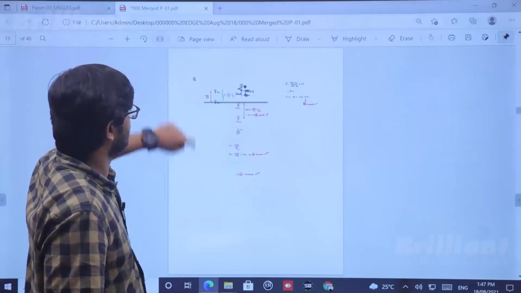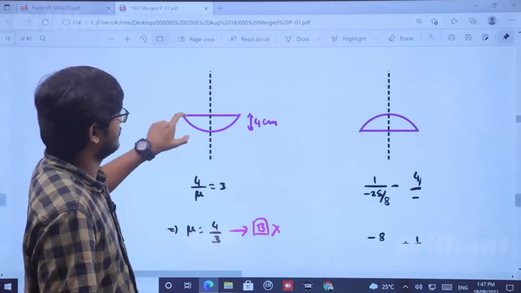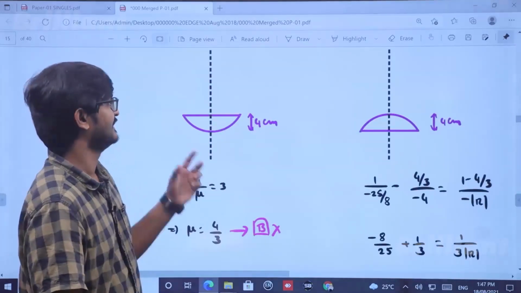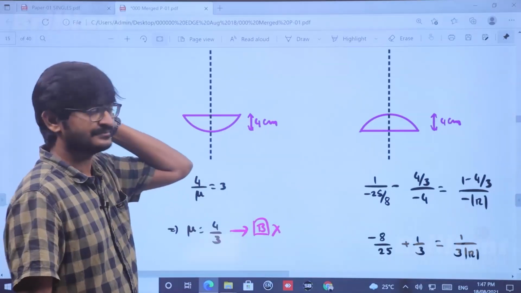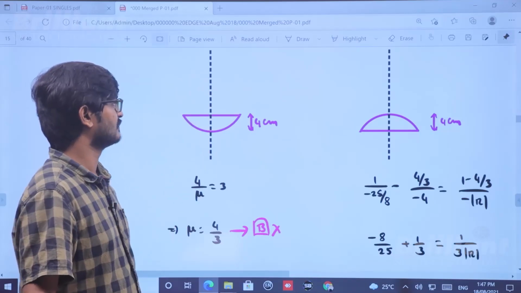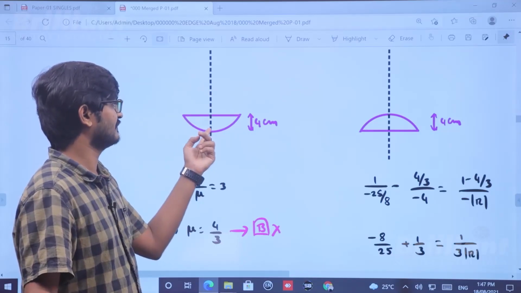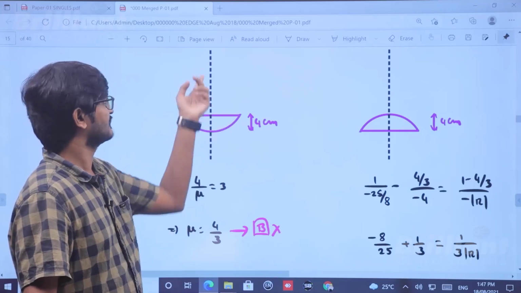Let us find. They have given two situations, first situation and second situation, and it is not a thin lens, it is a thick lens. Now there is some point here you are observing from the top. The light coming from that point will undergo only refraction at the flat surface, right?